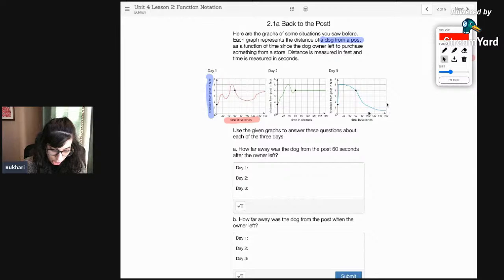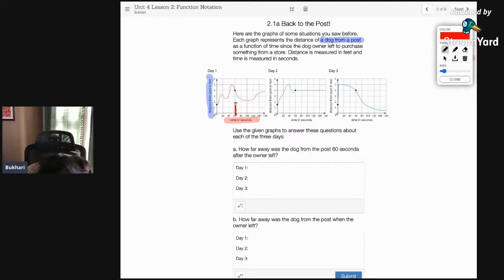And so we want you to take a look at each of the 3 questions and each of the 4 questions on this slide and that slide to start to answer questions about our situation using the graph. So for example, how far was the dog away from the post 60 seconds after the dog owner left? So I want to look for, all right, time in seconds is my input value. So I know that it's 60.